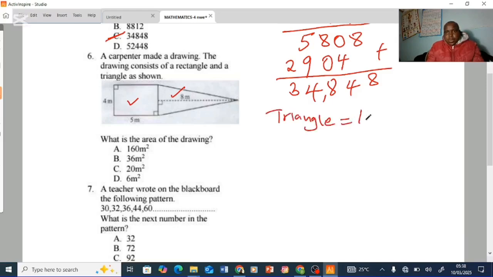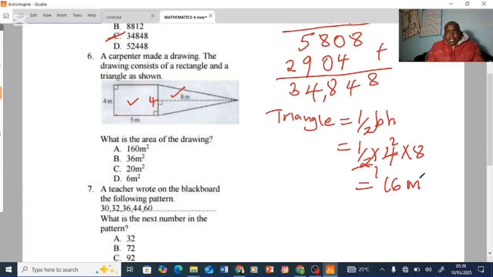is equal to a half times base times height. A half times the base here, it is 4, because from here up to here is 4, also from here up to here is 4. The base is 4 and the height is 8. This one, this is 2. So there is 16 meters square.